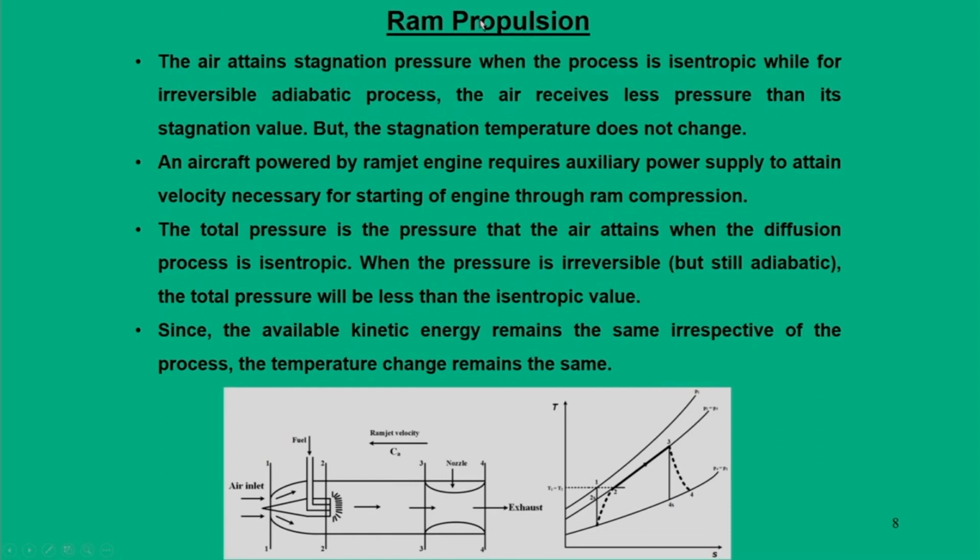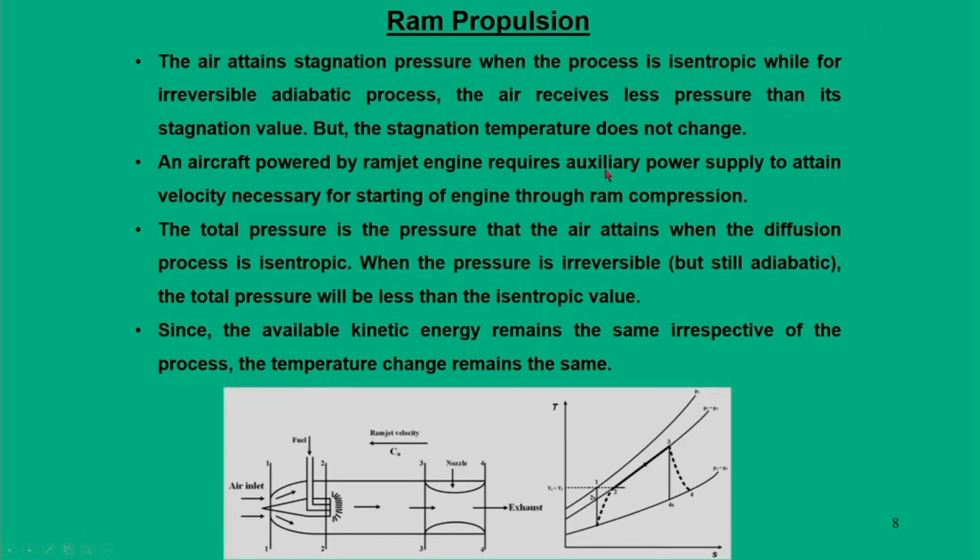The idea of ram propulsion drops in when you are supposed to attain supersonic speed, but in order to reach this supersonic speed, we cannot go in a single step. So, what we have to do? First, we have to go to a certain altitude where we have to cruise at the supersonic velocity.